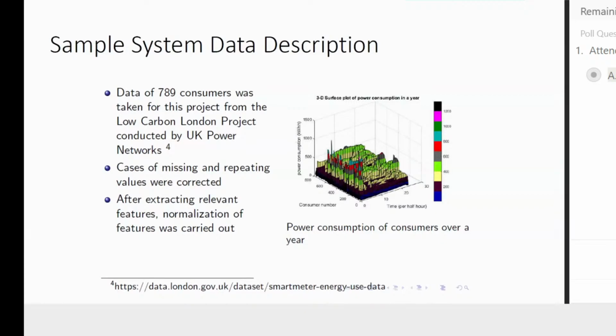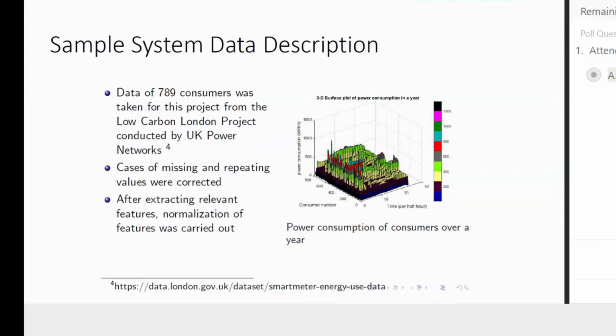So it is always a better idea to normalize the features first, so that the minimum and maximum ranges for the different variables are approximately close. So this is what we do.